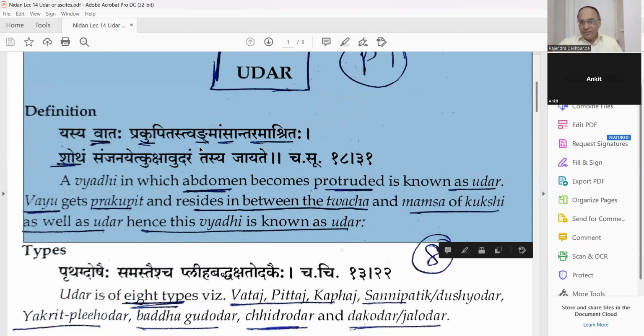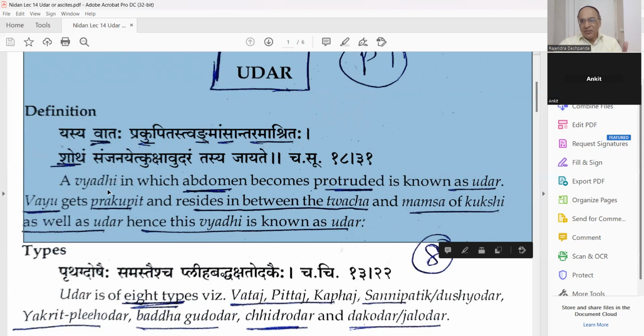Then it attacks the twak, skin, mamsa, antar ashritaha, shotham janayet. Edema and swelling will be there, kukshi udara tasya jayate.